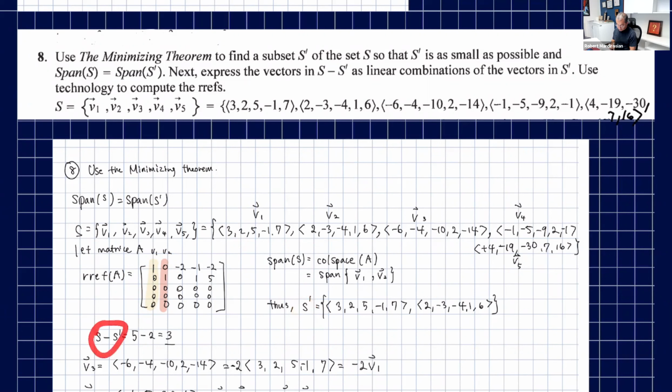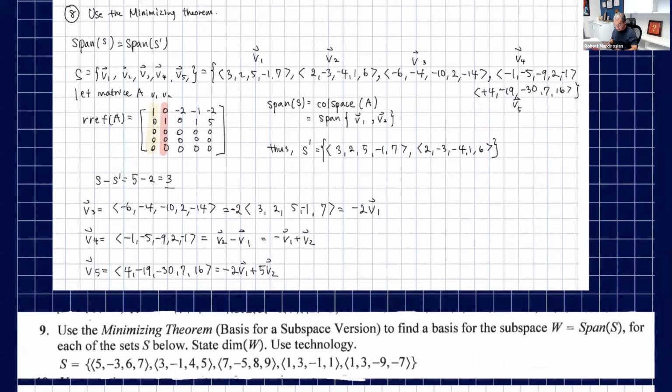If you do S minus S prime, you're left with 3 vectors. Going to the RREF again, you can see that V3 can be written as negative 2 times the first vector, and that's all we have because the rest are 0.